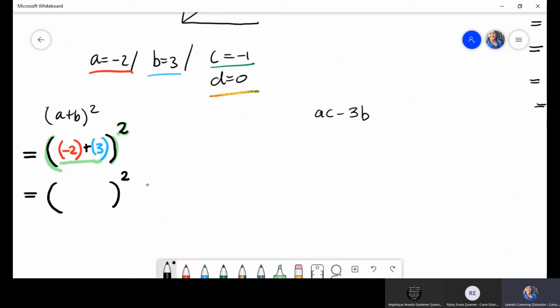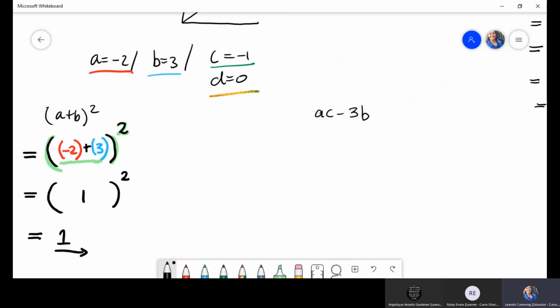Now, what is minus 2 plus 3? It is not minus times a positive. We are not multiplying and dividing. Therefore, the rules with the minus times a positive is not applicable here. All we're doing is moving on the number line. Minus 2 plus 3 is 1. And 1 squared is 1 times 1, which is 1.